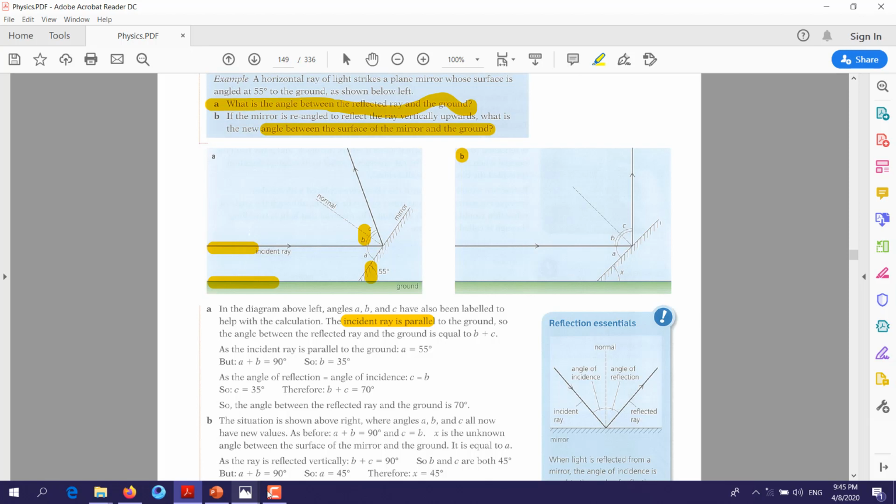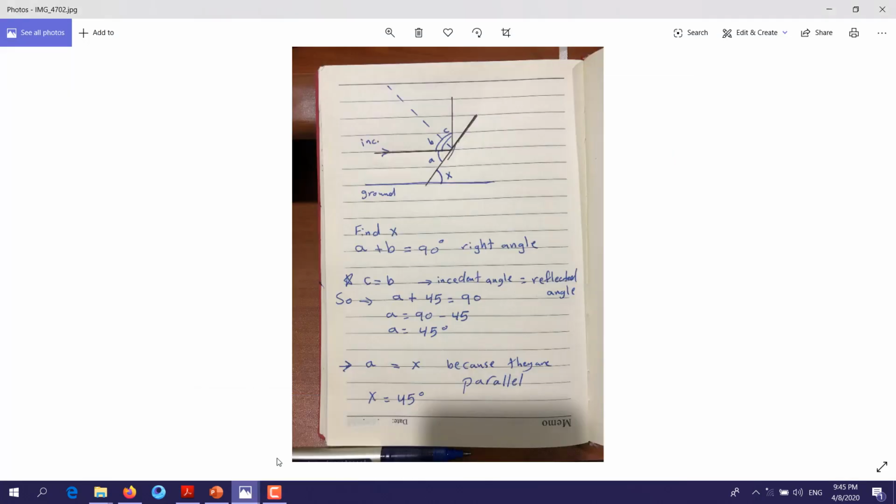Here is the drawing again. The incident ray and the ground. The key to solving this question depends on these words: parallel. The incident ray and the ground are parallel. The incident ray forms a right angle.